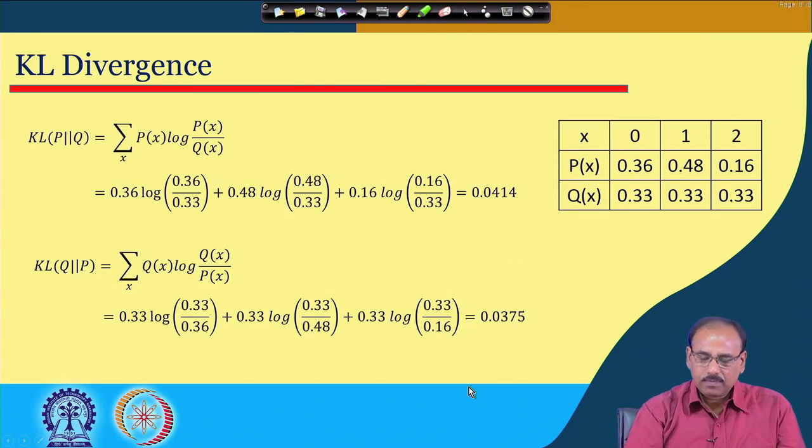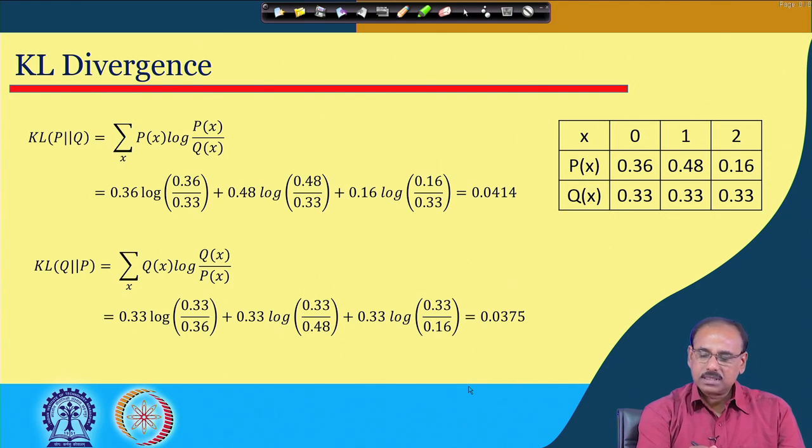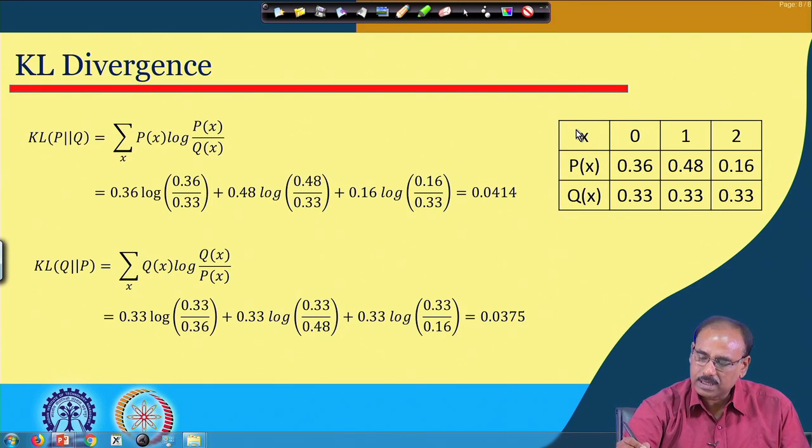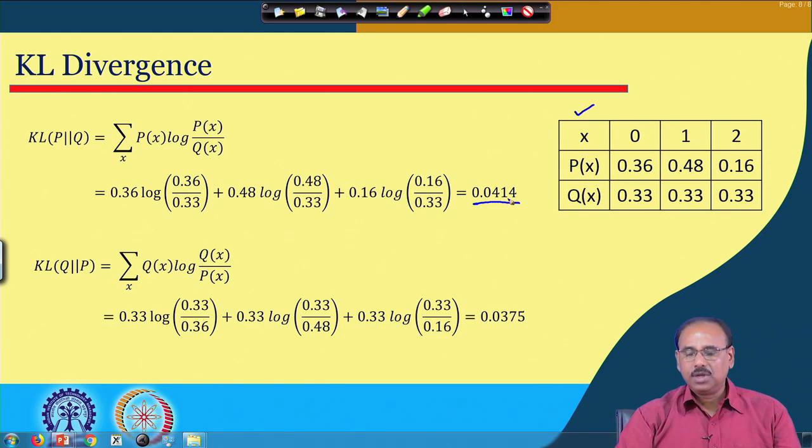Given this, the KL divergence KL of p given q is simply the sum of p of x log of p of x upon q of x. If you compute this, taking the values from this table, the value comes out to be 0.0414.